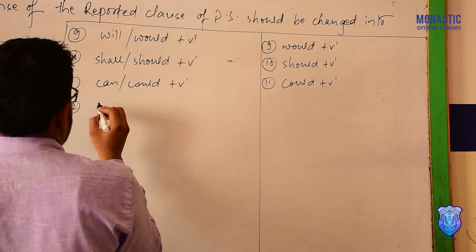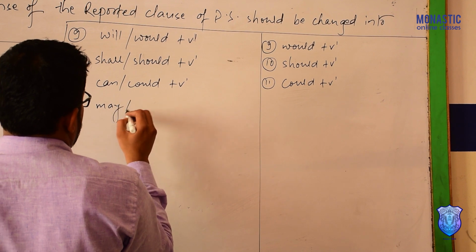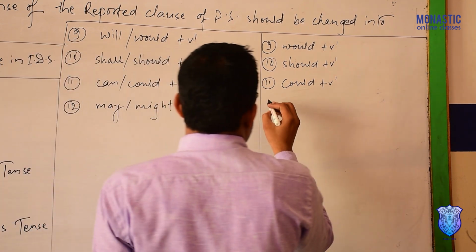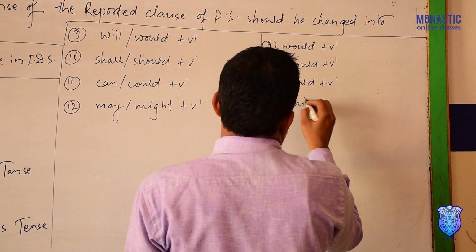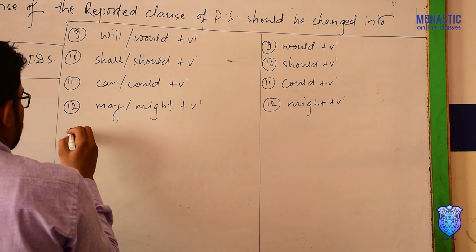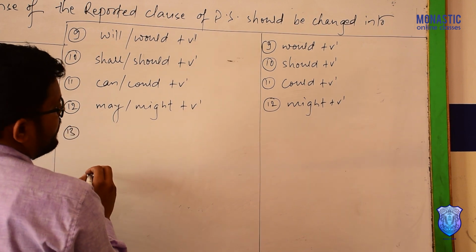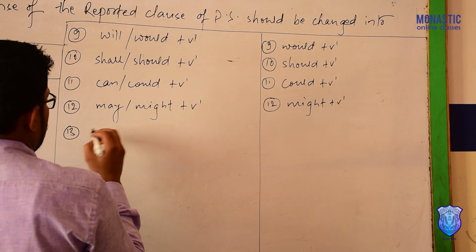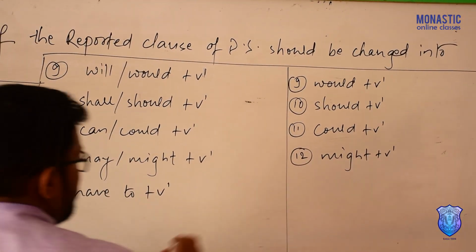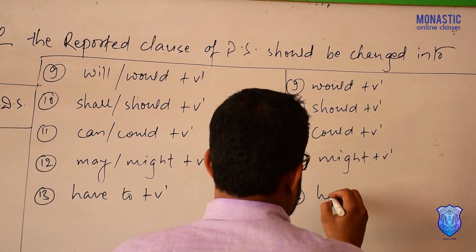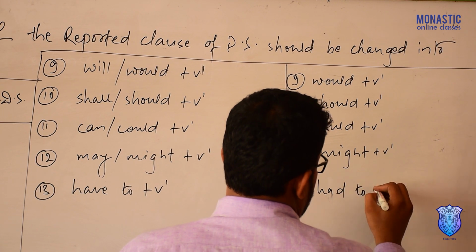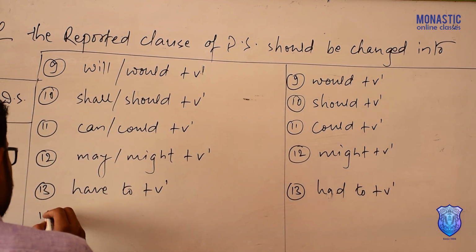If there is may or might plus V1, it becomes might plus V1.